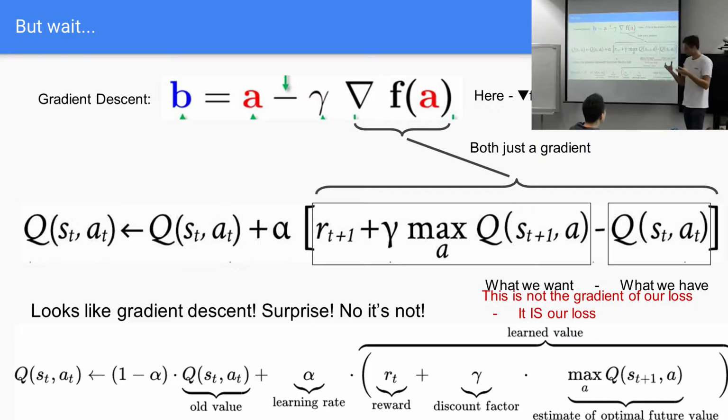Reinforcement learning is actually much, much more difficult, because when we're doing this gradient descent step, we don't actually have a ground truth, right? The reason this equation isn't gradient descent is that the thing we're updating is in our target. So we don't have a y hat here, which is just some true, accurate value.